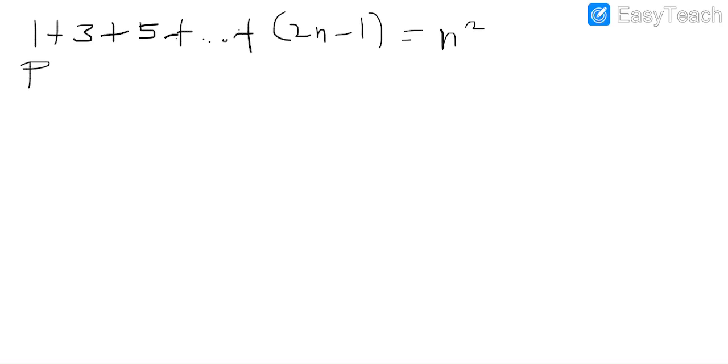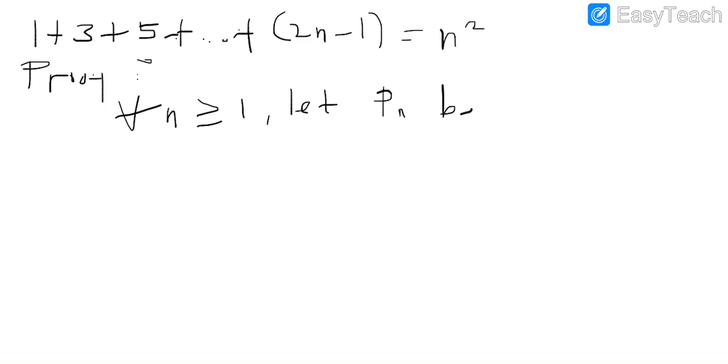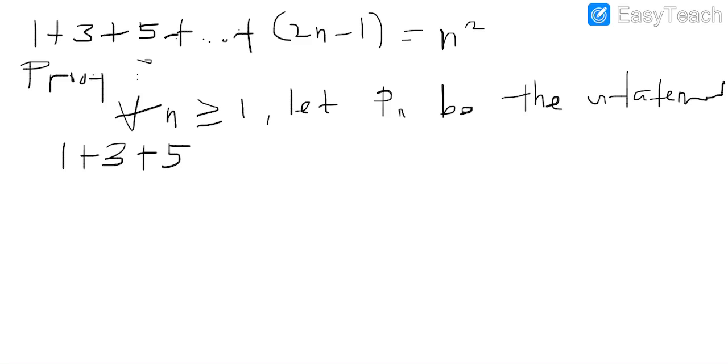So again, our proof starts with, for all n greater than or equal to 1, let p sub n be the statement 1 plus 3 plus 5 plus dot dot dot plus 2n minus 1 equals n squared.